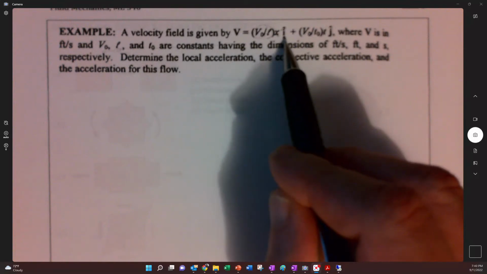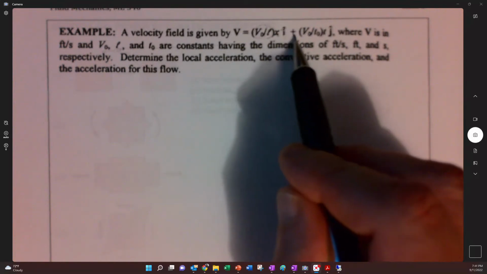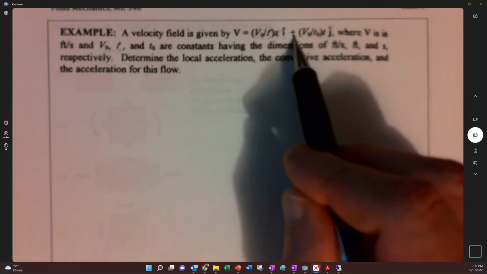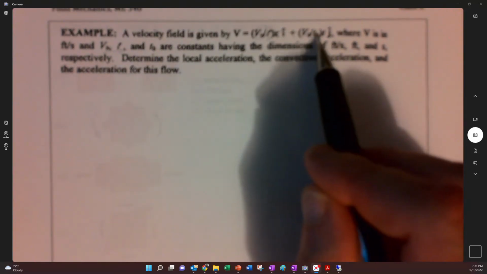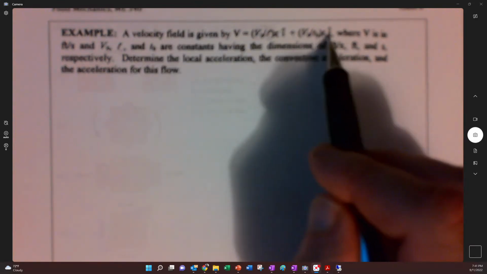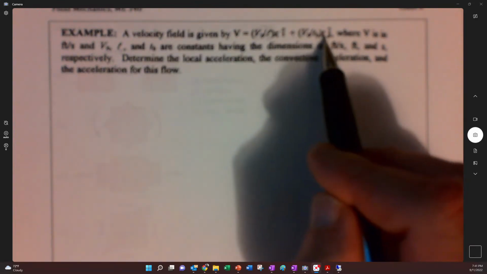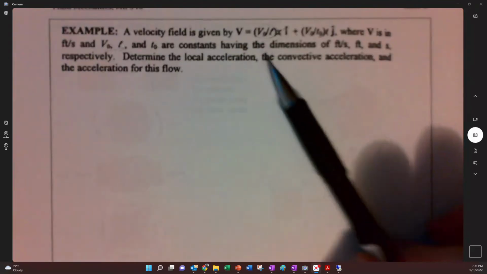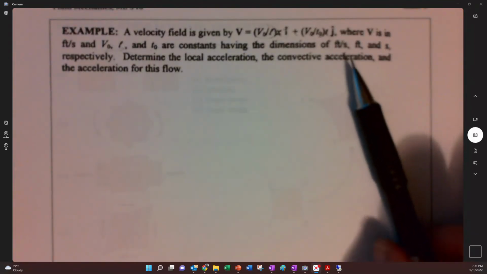So that's the component in the i direction, the x direction. In the y direction, it's V0 divided by the initial time T0, which is a constant, so this is not a variable, times time t, which is a variable, and that's in the j direction.